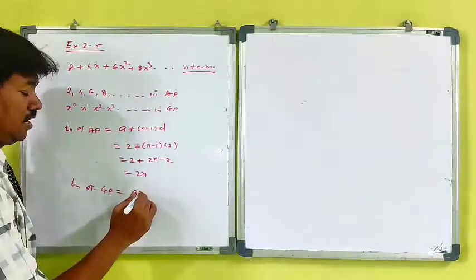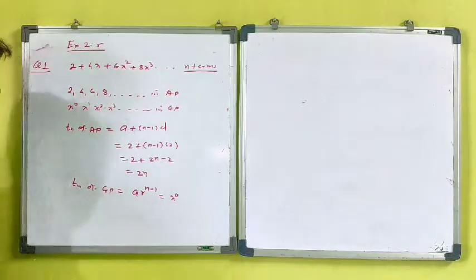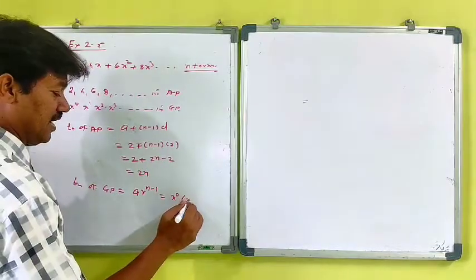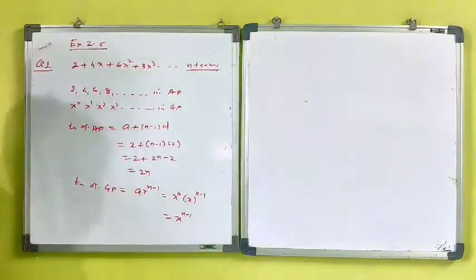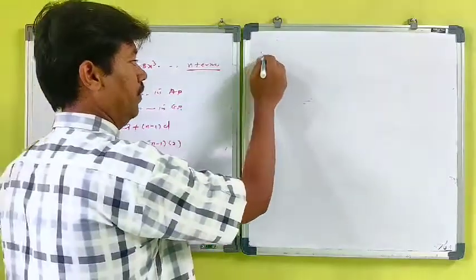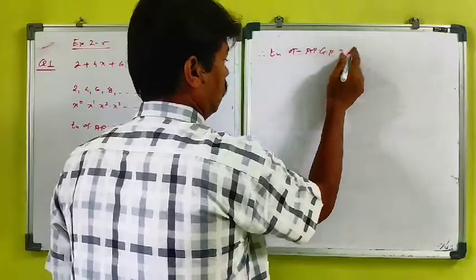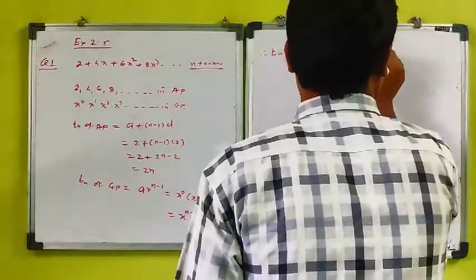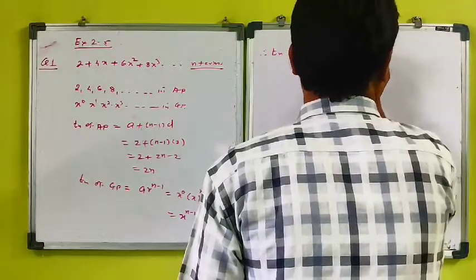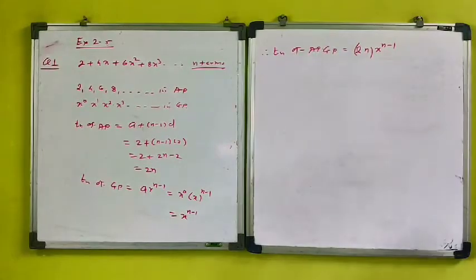Here a, the first term, is x to 0, r is x. So it is x to n minus 1. Therefore, Tn of AGP is 2n x to n minus 1.